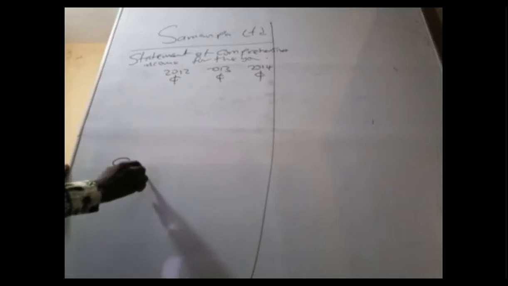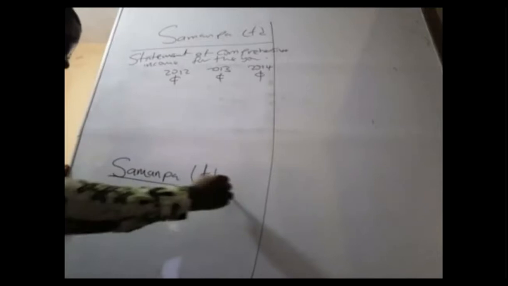Then we'll go to the financial position. So you leave space here. Then I'll come here. So Samantha Limited. Samantha Limited. The examiner, that is a statement of financial position.